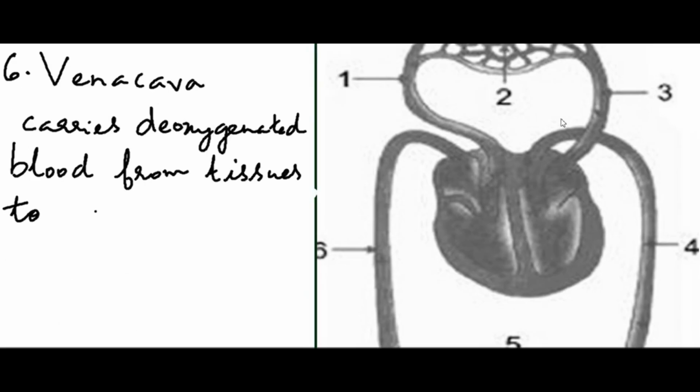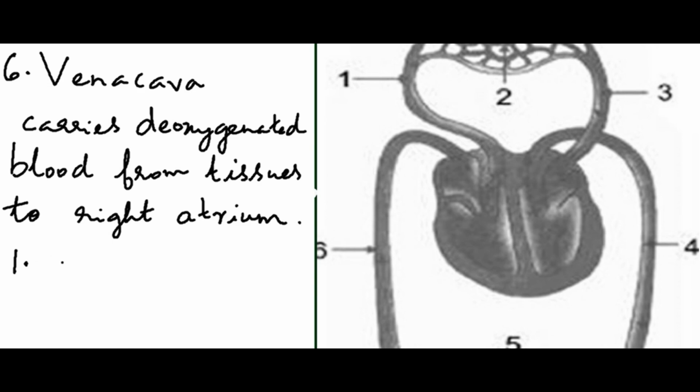If it's the vena cava, you can write: vena cava carries deoxygenated blood from the tissues to the right atrium. That is the 6th part labeled here. And part number 1 is the pulmonary artery.